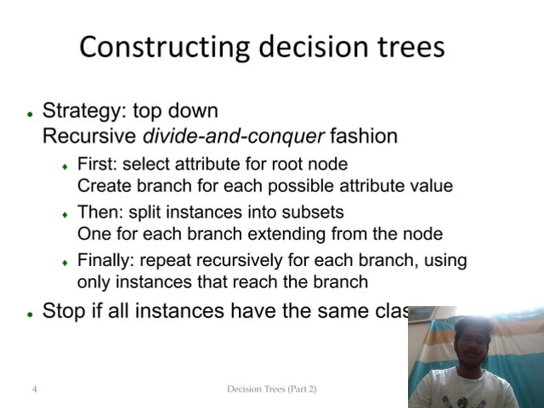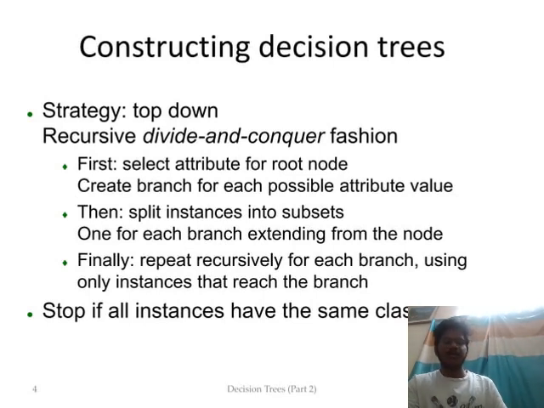Firstly, we will see what is constructing decision trees. The strategy is we should go top to bottom and use a recursive divide and conquer fashion. Then we should select an attribute for the root node and create a branch for each possible attribute value, then split instances into subsets, one for each branch extending from the node.